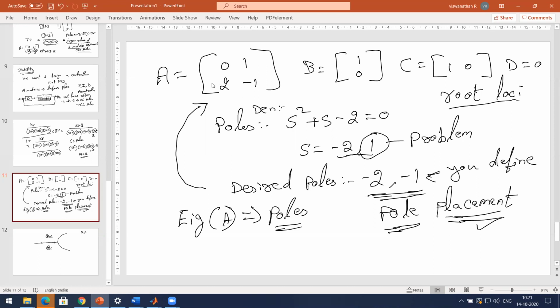Zeros we don't know, but the poles you will be able to write. I don't have an explanation of why this is 1 S square, but this is the shortcut method, so it doesn't have a basis. But if you look at the formulas and derive the transfer function, you get this.